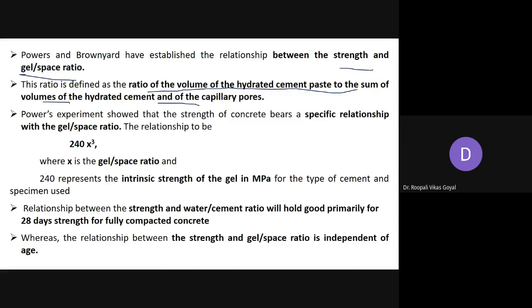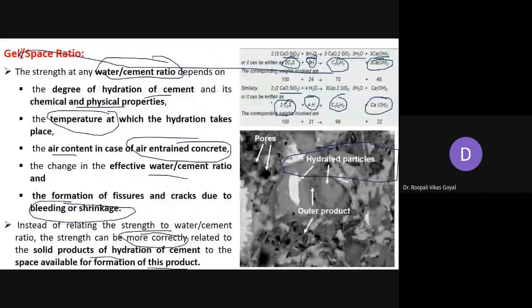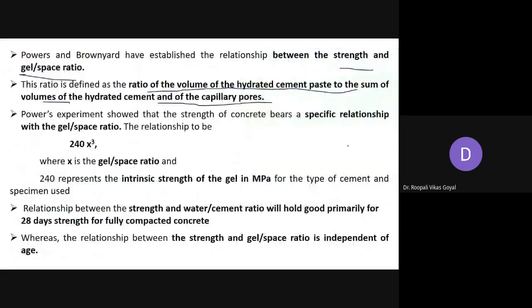So how much space is available: the volume of hydrated cement plus capillary pores. So these pores are also included in the total volume. The space includes pores plus hydrated product both, and the question is how much hydrated product is produced per the whole space. So these capillary pores are to be included.